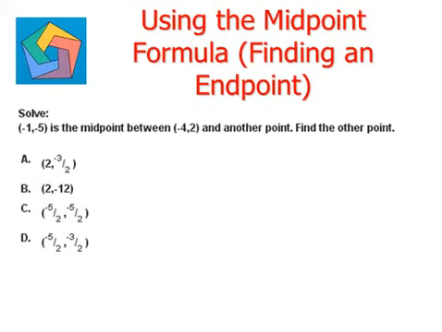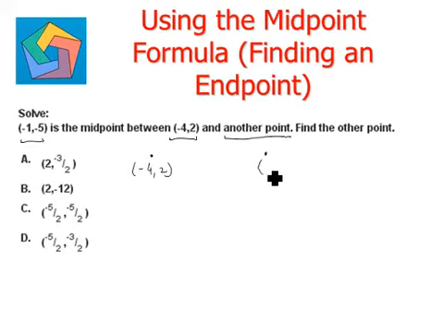The first question says solve: -1, -5 is the midpoint between -4 and 2 and another point. Find the other point. Here we are given the midpoint and one endpoint, and we have to find the other one. So let us put it like this.